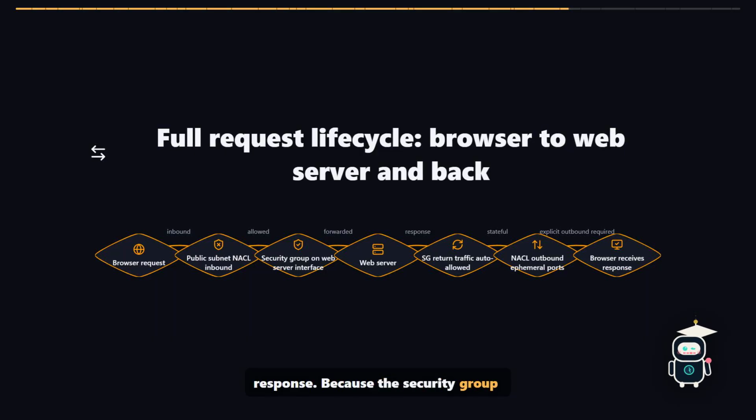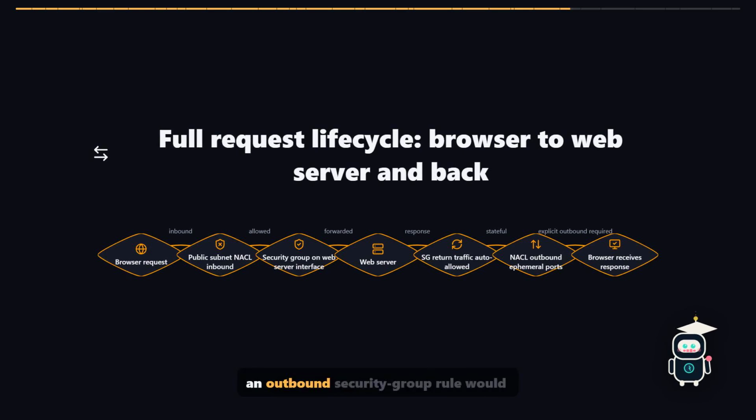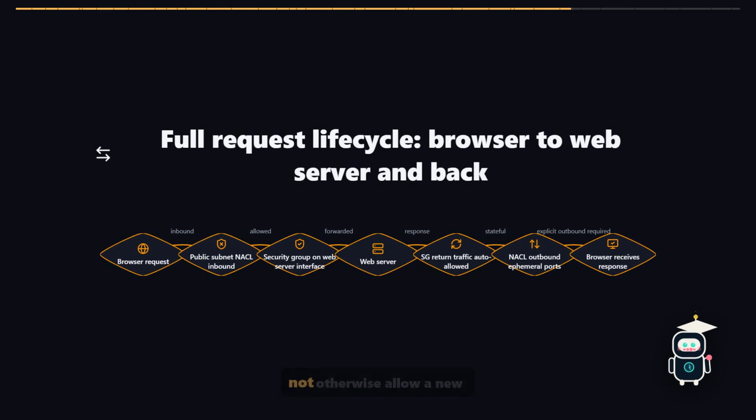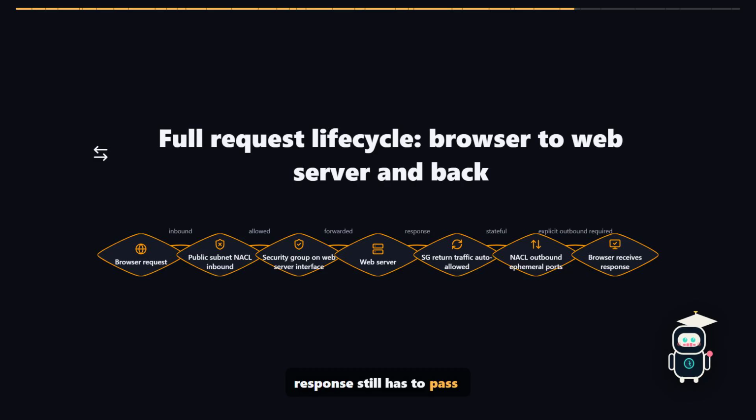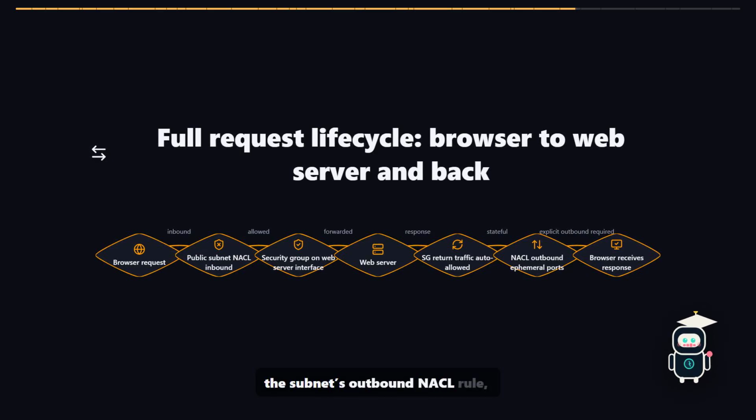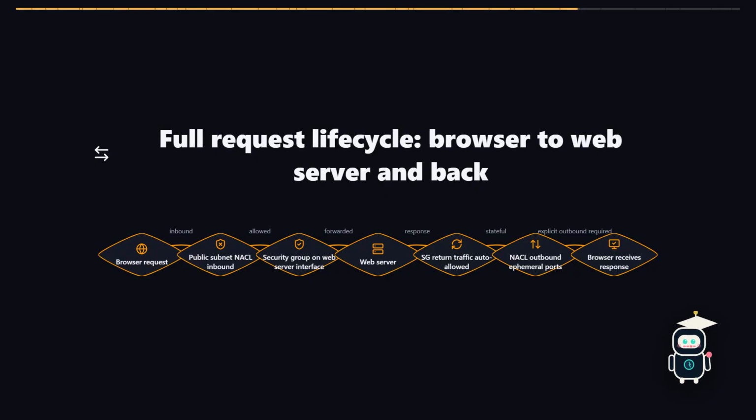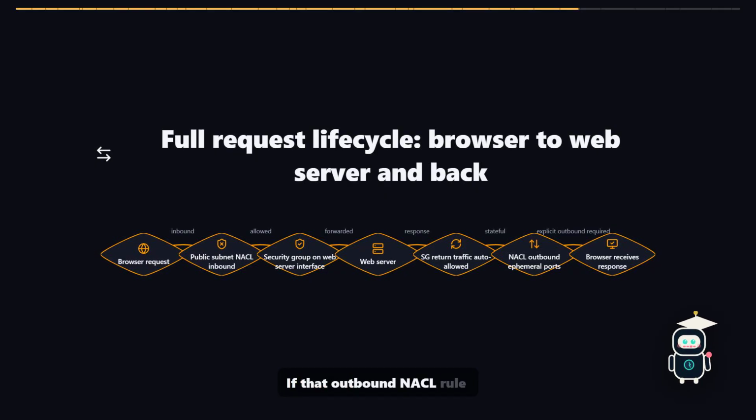Because the security group is stateful, it allows that response to leave even if an outbound security group rule would not otherwise allow a new connection on that path. But the NACL is stateless. The response still has to pass the subnet's outbound NACL rule, which must allow traffic to the browser's ephemeral destination port. If that outbound NACL rule is missing, the browser never receives the response.